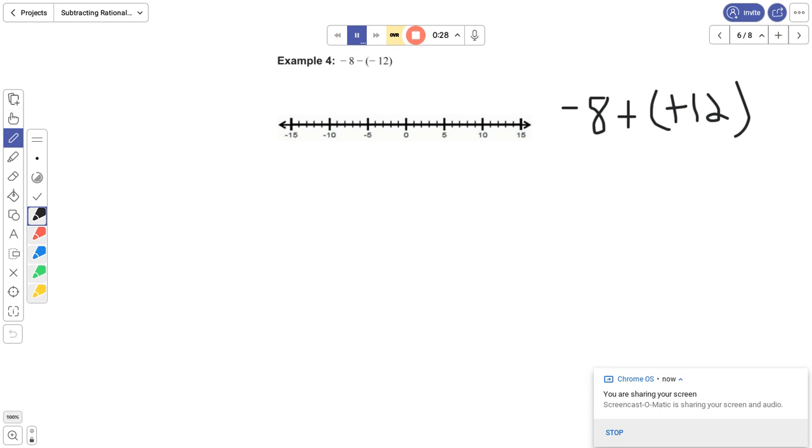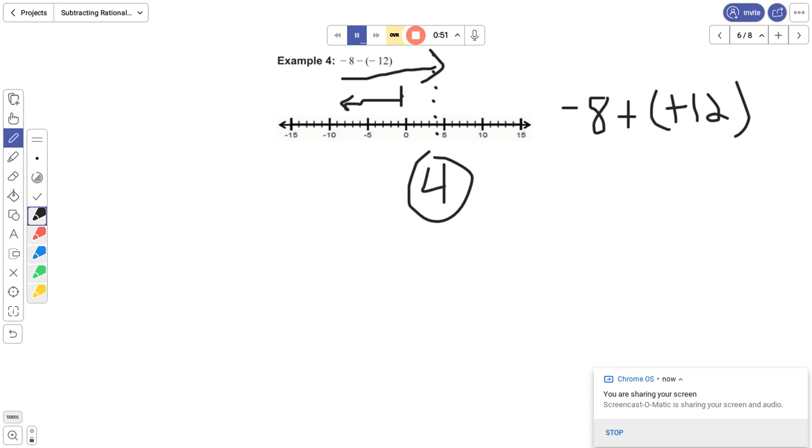So if I start at 0 and I go until I hit negative 8, I can then move to the right 12 units. And I stop at positive 4.